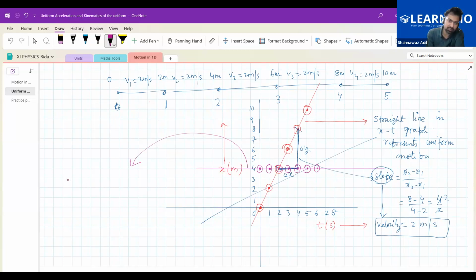So whenever I'm getting a parallel line in the xt graph, the x is not changing. So what is it representing? What would be the slope?